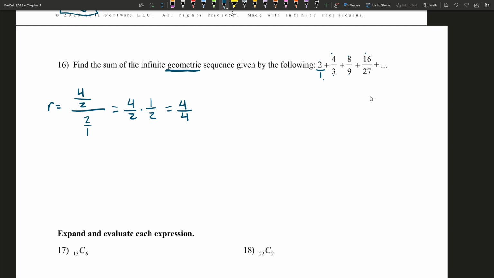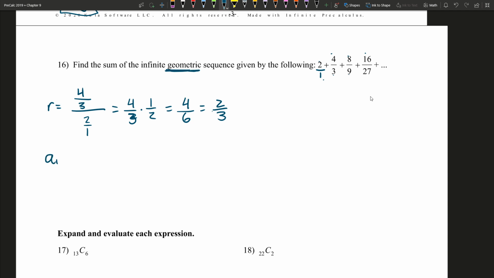What did I do there? Okay. This should be 4/3. So our common ratio is 2/3.